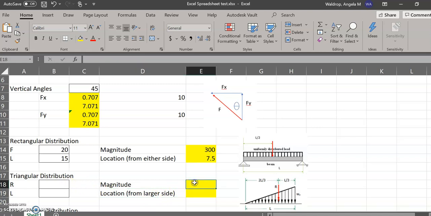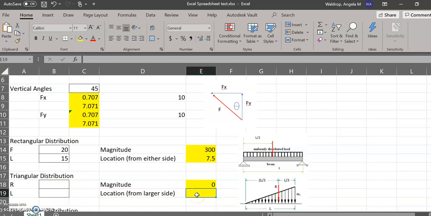Okay, for magnitude, it's going to be the area of that triangle. So I'm going to have to type equals. I'm going to type these two numbers multiplied together, but I need to divide them by 2. So I'm going to add some parentheses here just to be on the safe side. Okay, divide that by 2. Now again, these are zeros right now because there are no values in those cells.